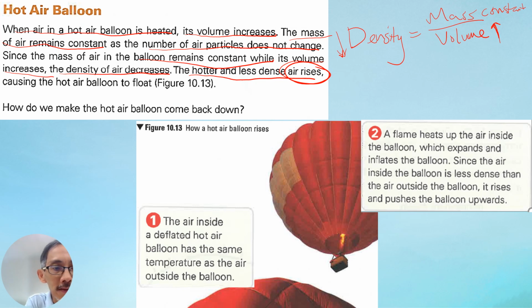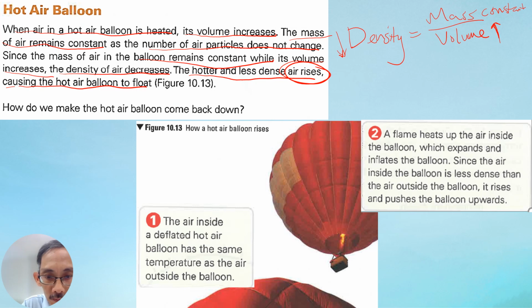And because of that, it is able to float the hot air balloon. Okay, the part below, 1 and 2, just explains in further detail before and after when the air is being heated up.